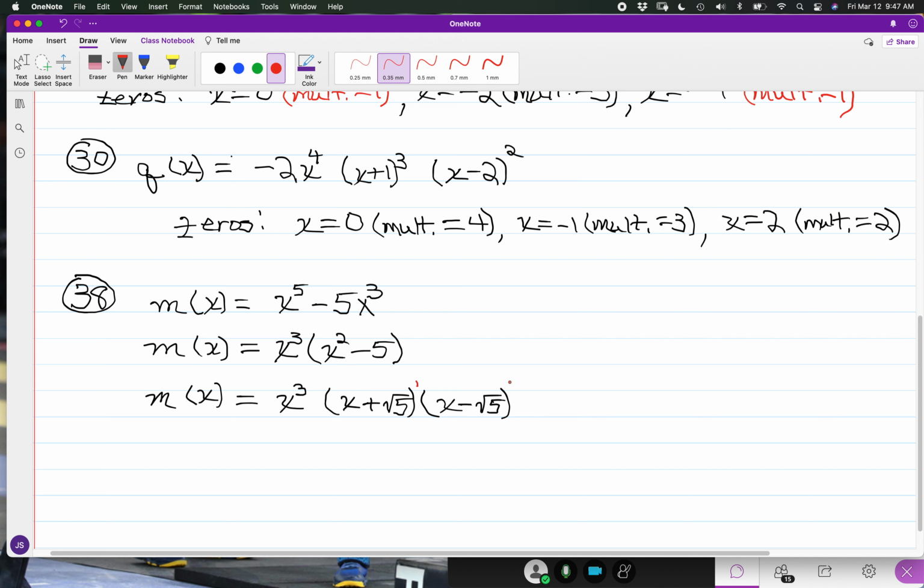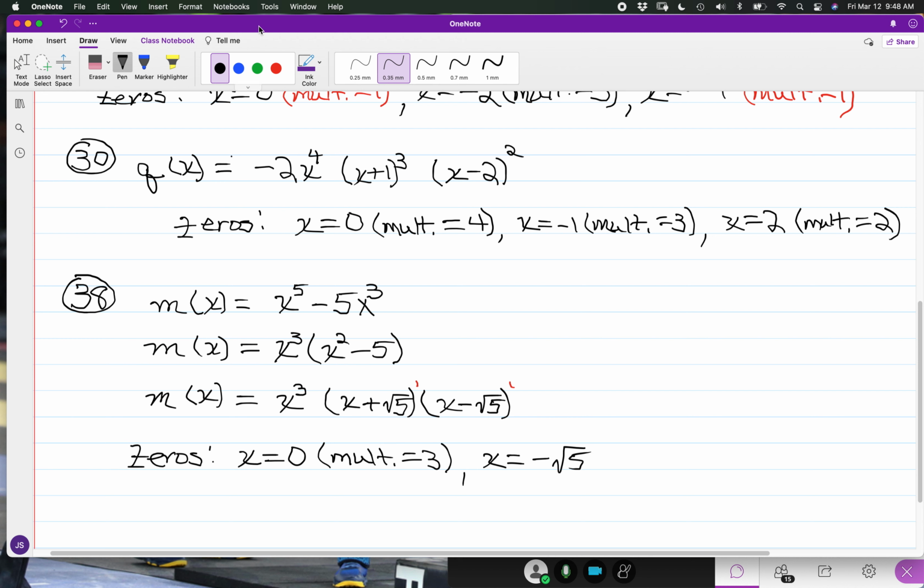In both of these factors, we have a first degree. For the zeros, you have x is equal to 0, and the multiplicity is equal to 3. From x plus the square root of 5, if I set this equal to 0, I have x is equal to the negative of the square root of 5.